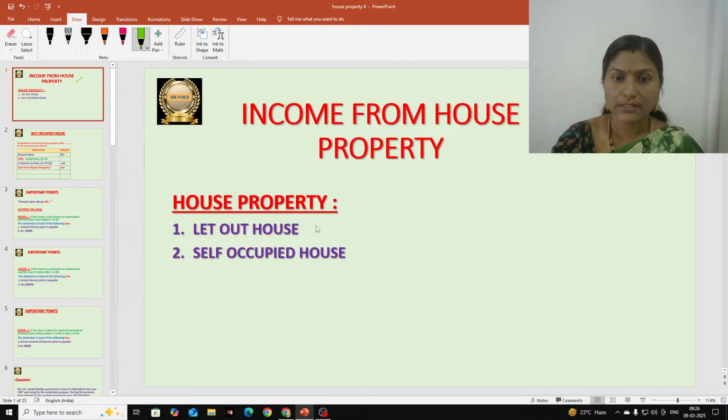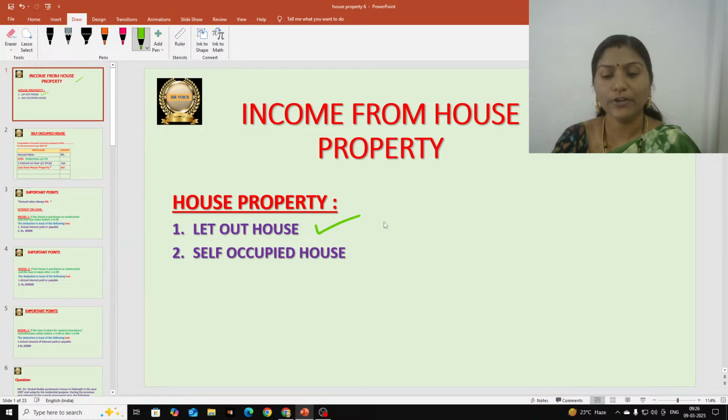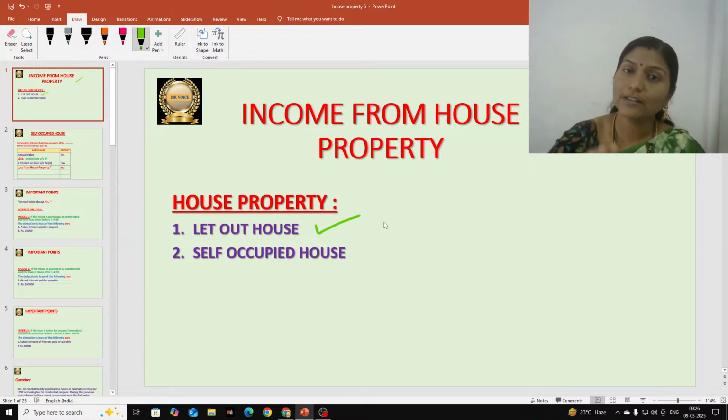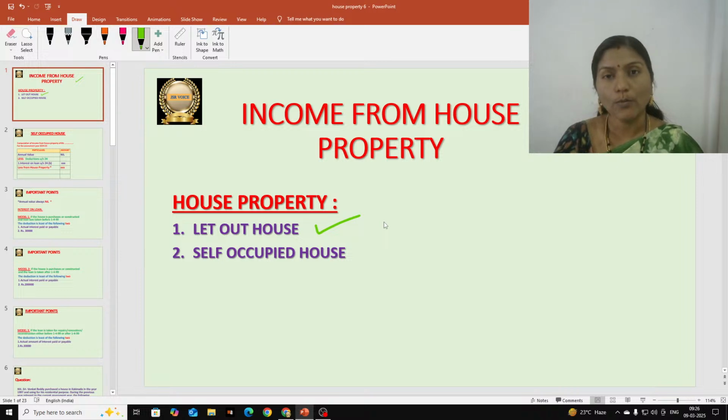Here, let out house means the owner of the house gives that house on rental basis to another person. How to do problems under let out house, I discussed in the previous sessions. If anyone wants to learn it, I discussed the formats as well as so many questions and solutions.